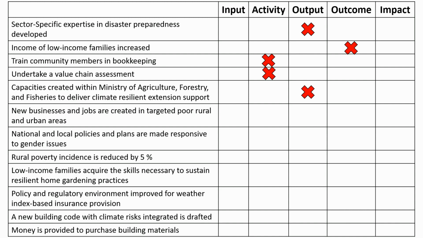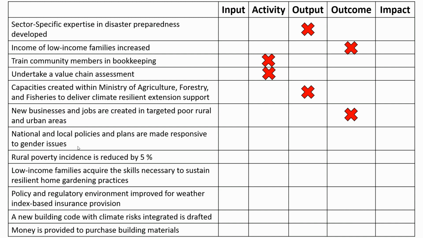This is a change in the economy. This is a change in economic conditions. So that means it's either an outcome or an impact. Again, the answer to this probably depends on the size of your project. We're going to say that this is an outcome, and that's because we're assuming that this is a large project.